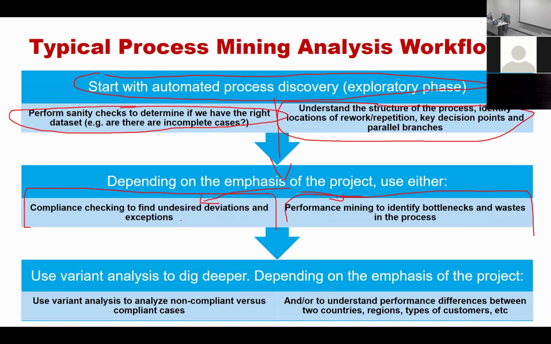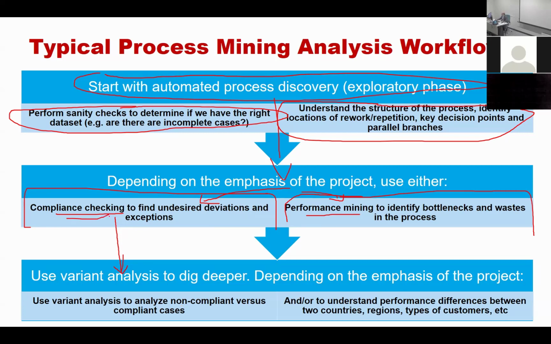In both cases, I will first do either a conformance checking or a performance mining analysis. And based on the output of this analysis, I will identify subsets of cases, which we call process variants, that I care about and need to dig deeper into. And I will then use variant analysis in order to understand these cases.